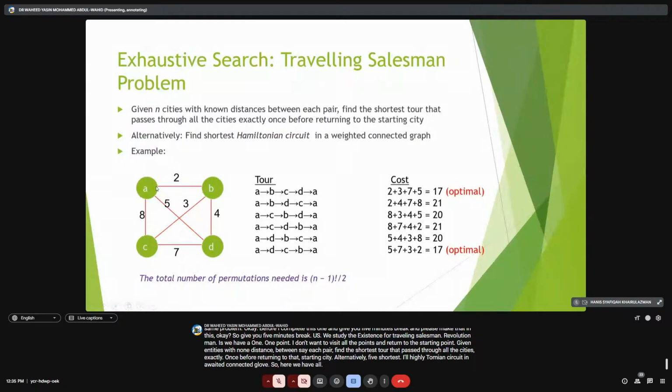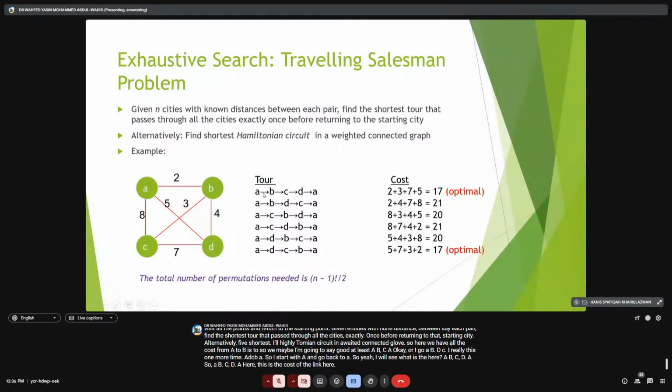So here we have all the costs. The cost from A to B is 2, so maybe I am going to go like this: A, B, D, C, A. Or I go A, D, C, B, A. I visit each one time, so I start with A and go back to A. So here I will see A, B, C, D, A. Here this is the cost of the link.